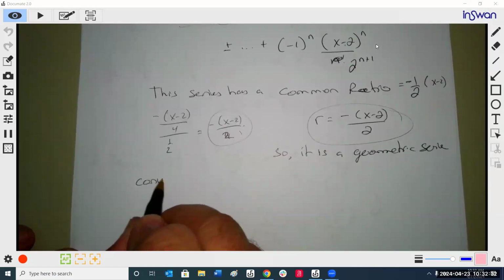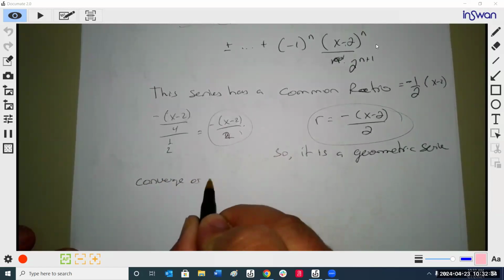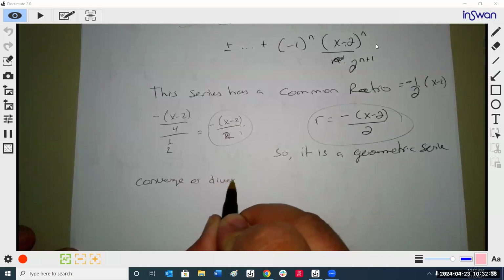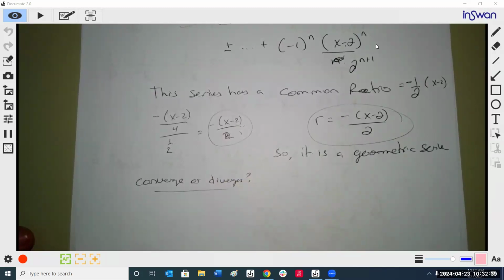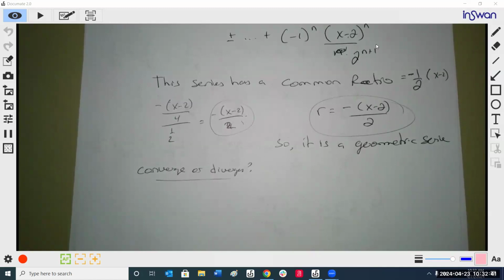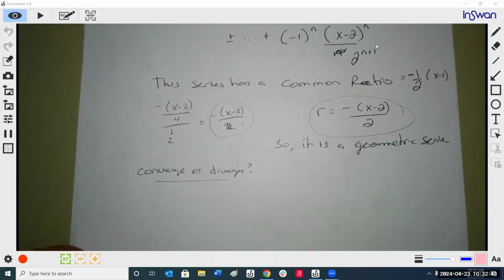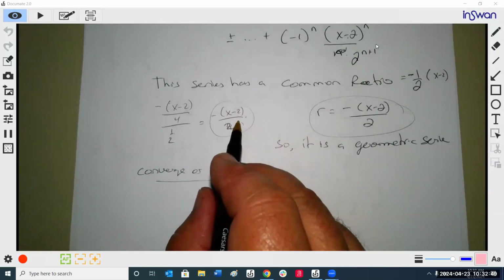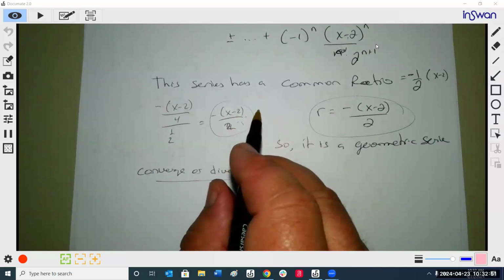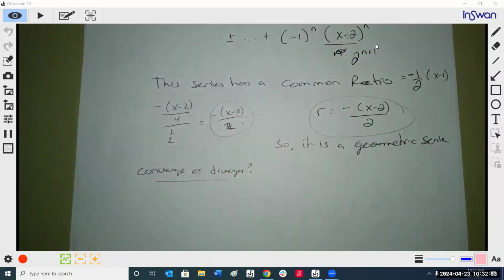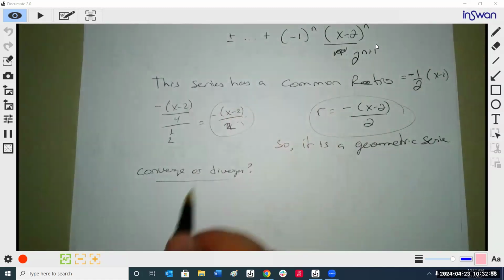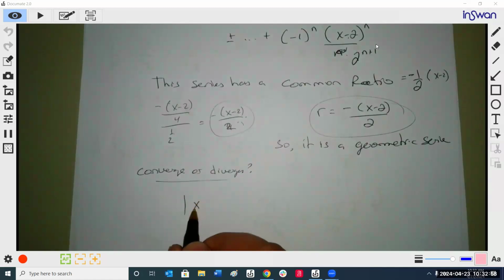Does it converge or diverge? Since it's an alternating series, take the absolute value of it.